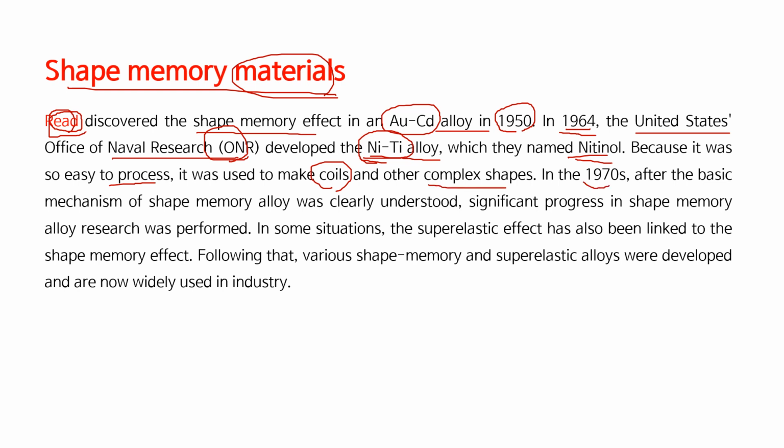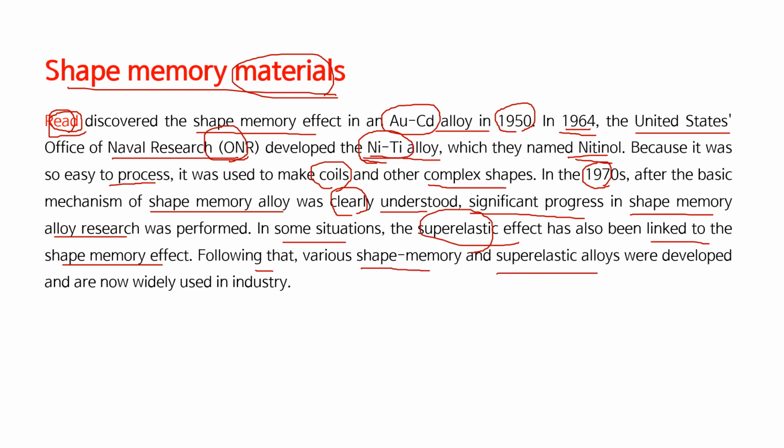In the 1970s, after the basic mechanism of shape memory alloy was clearly understood, significant progress in shape memory alloy research was made. In some situations, the superelastic effect has also been linked to the shape memory effect. Following that, various shape memory and superelastic alloys were developed and are now widely used in industry.